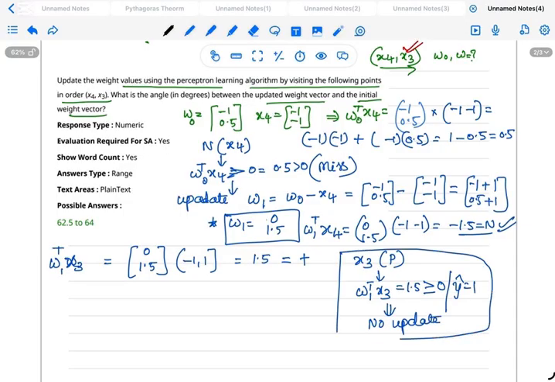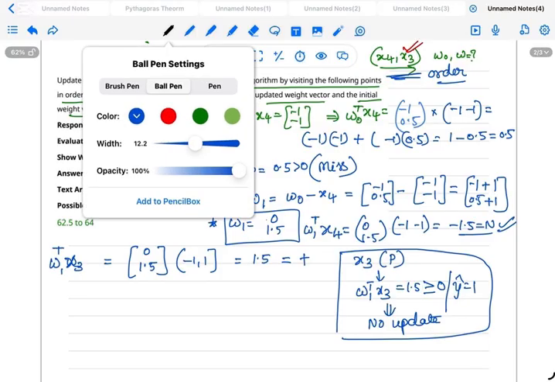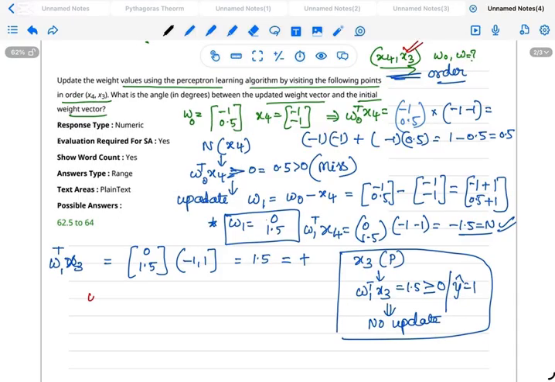They gave only 2 data points in the order. So we find the final weight vector W1 equals 0 and 1.5, and the initial weight vector W0 equals -1 and 0.5.